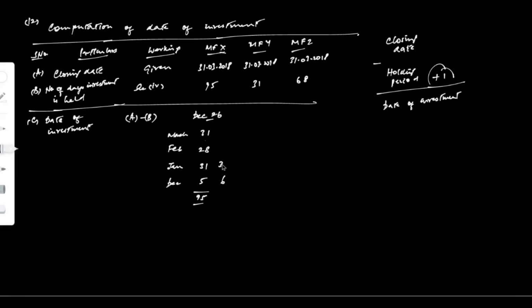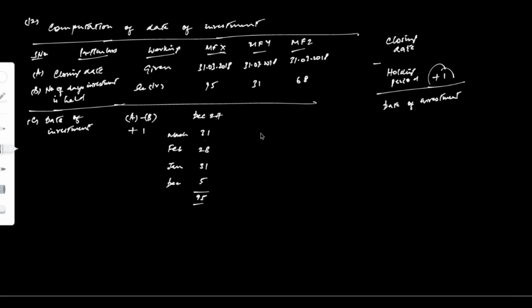Then 31, 28, 31. So here there's a discrepancy. I'm getting 6 days if I put 26. If I put 27, it will be 5 days. So that is the reason it should ideally be closing date minus number of days of investment plus 1. Okay. So this is December 28.